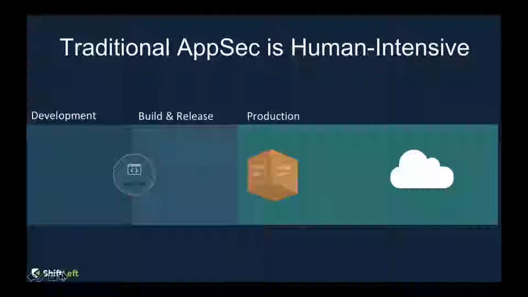Traditional application security has been human intensive. Let's look at what are the approaches that have been used in the development, build and release, and production phases. So the first approach that comes to mind is code analysis.